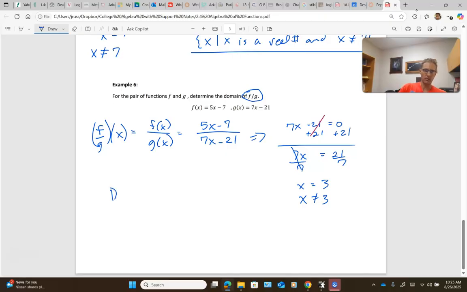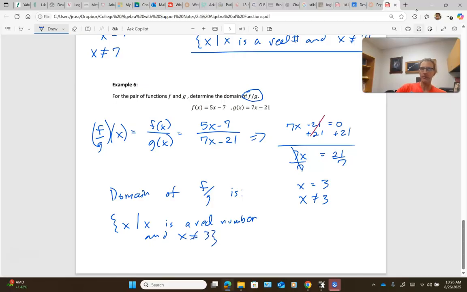So we'll say the domain of f divided by g is all values of x such that x is a real number and x cannot be equal to 3.